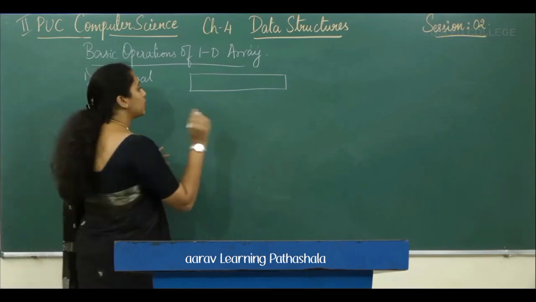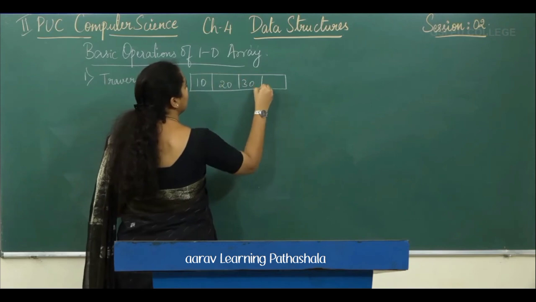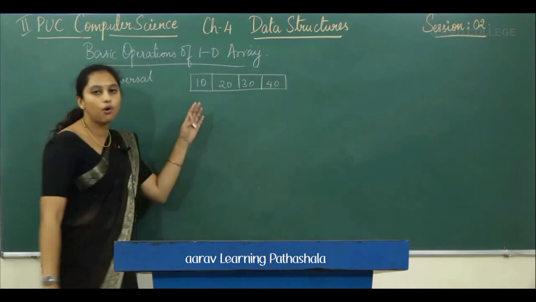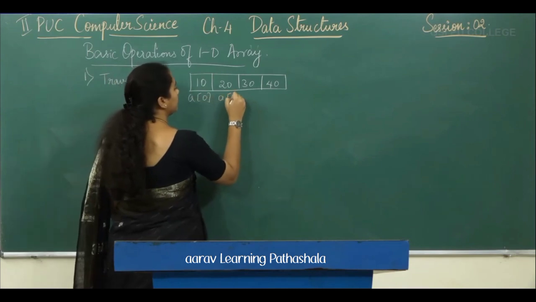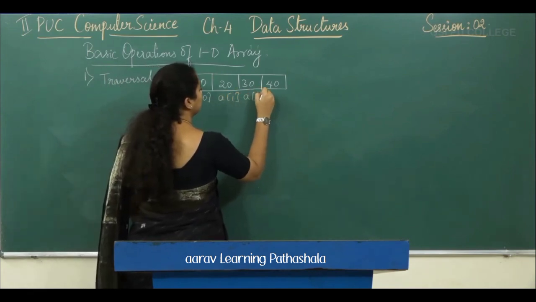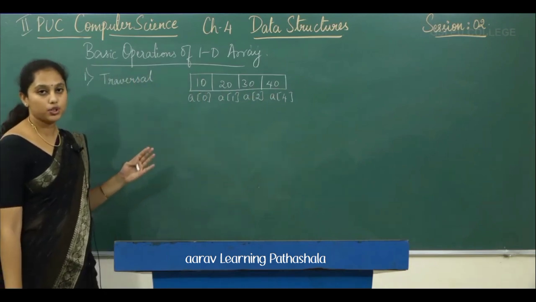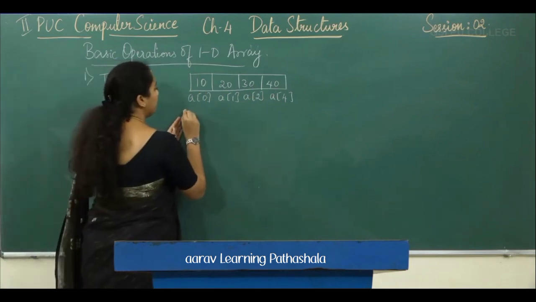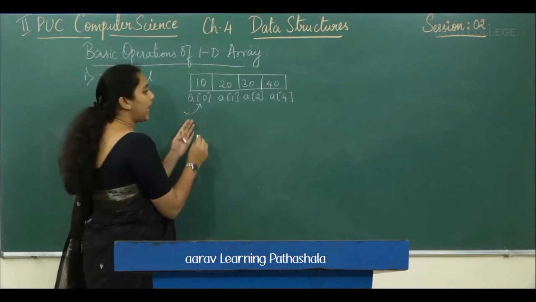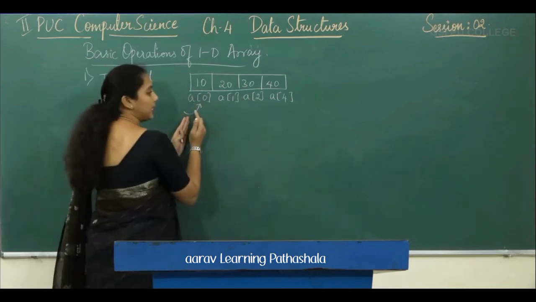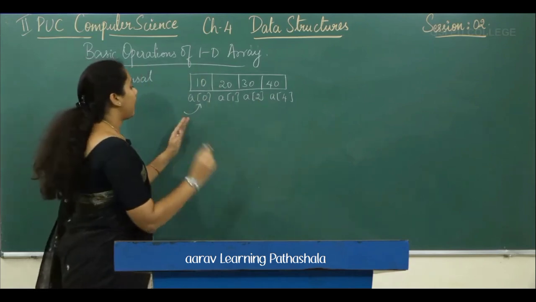See here, this array contains 4 elements. What I am going to do is visit each element of an array exactly once, from beginning till the end of an array. This is called traversal.